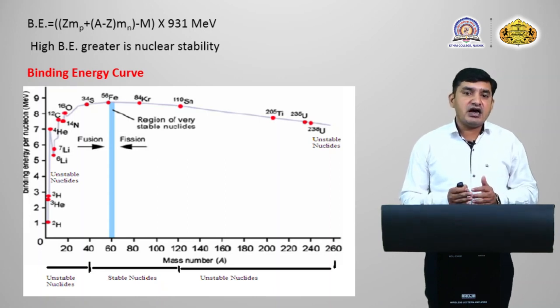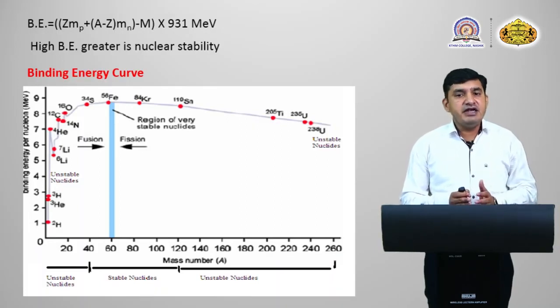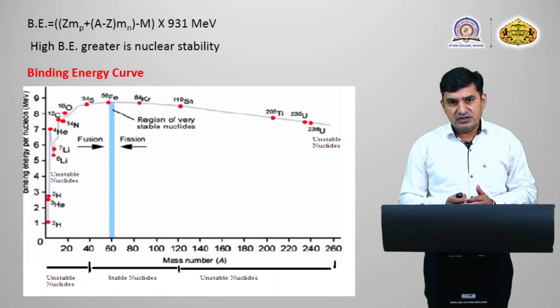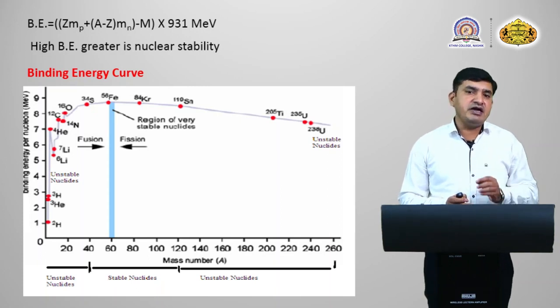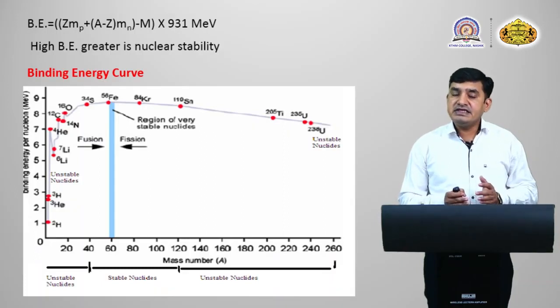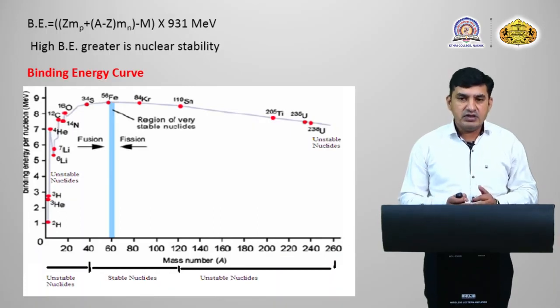After Fe56, the binding energy per nucleon decreases, and the average binding energy per nucleon is 8.5 mega electron volt.